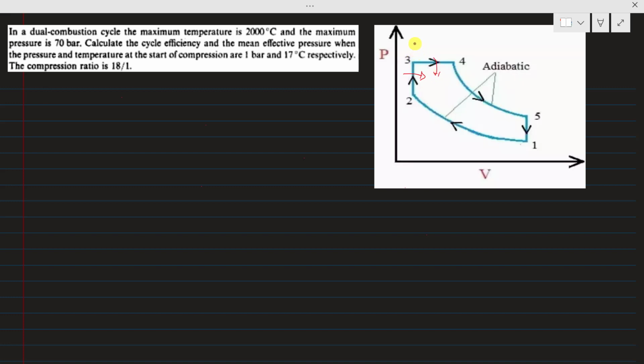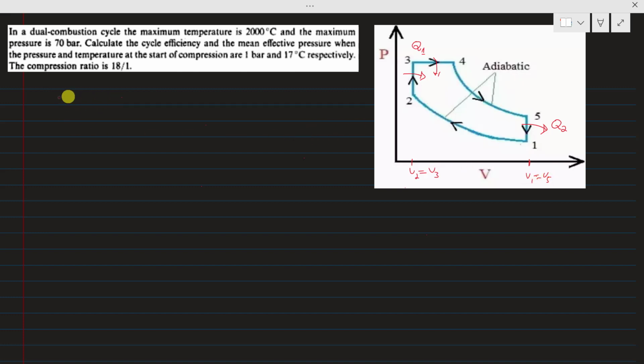So the total heat supplied is the sum of the heat supplied in process 2 to 3, where the volume is constant, and 3 to 4, where the pressure is constant. 4 to 5 is the isentropic expansion, and 5 to 1 is the heat rejection process, Q2, and here it is Q1. The volumes V3 and V2 are the same, that is V2, and the volumes V5 and V1 are also the same, that is V1.